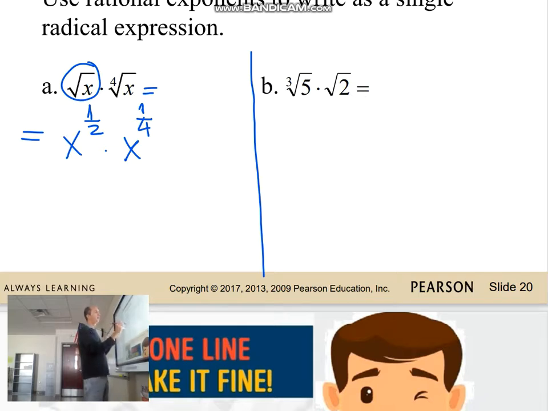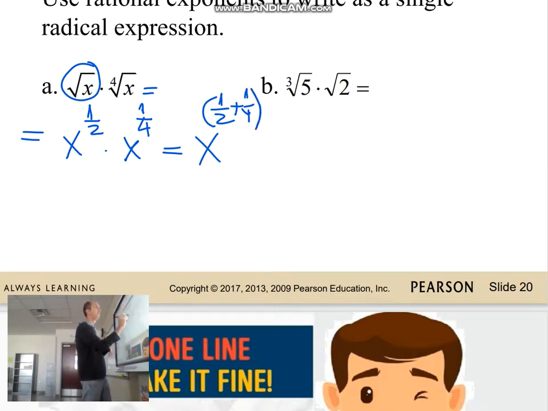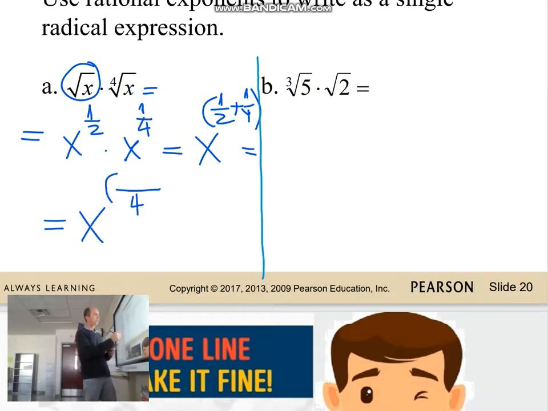But we know by the rules of exponents that if we are multiplying factors with the same base, we can add the exponents. So it is x to the 1 over 2 plus 1 over 4. We have the least common denominator 4: 2 plus 1, which equals x to the 3 over 4.